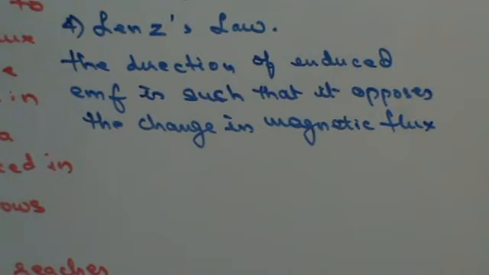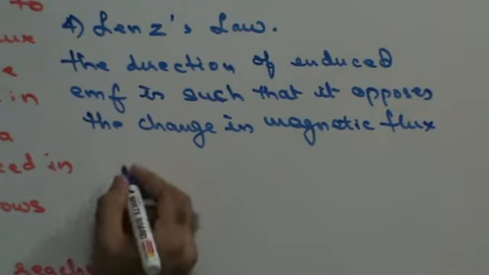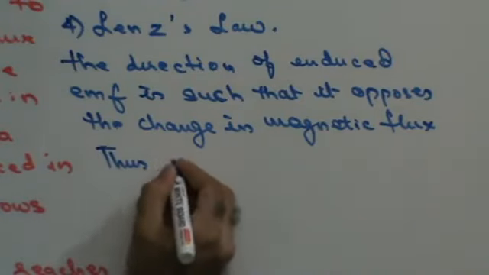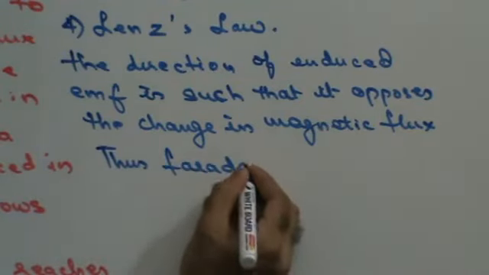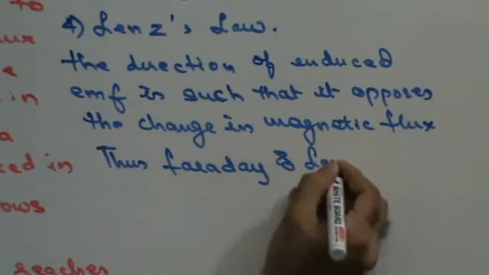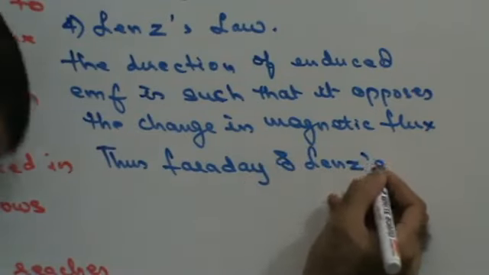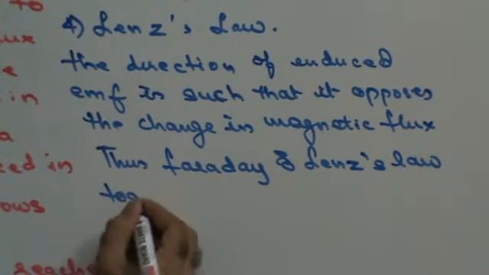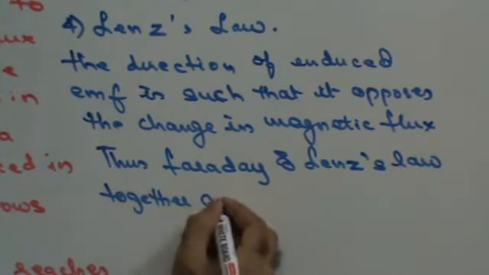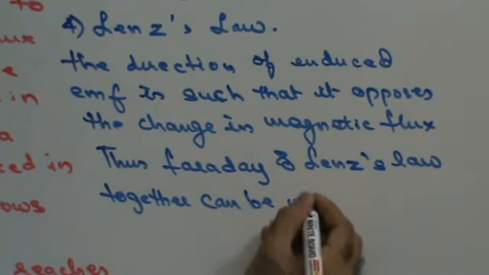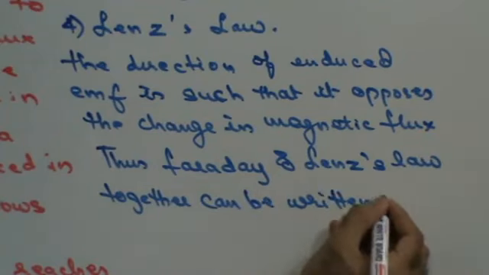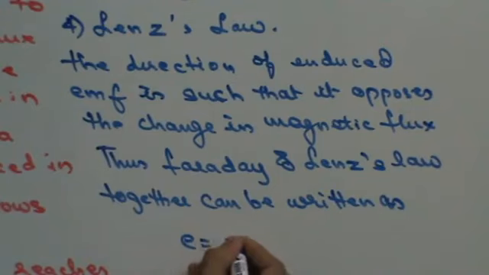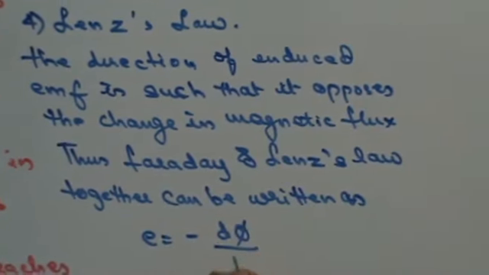Hence, if I combine Faraday and Lenz's law, together they can be written as E is equal to negative d phi by dt.